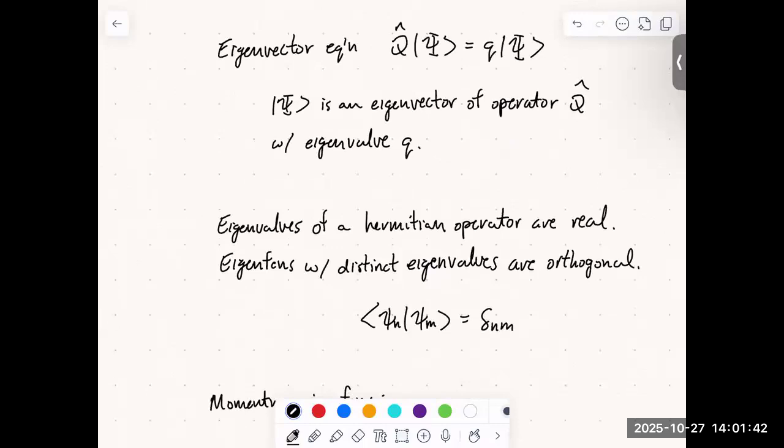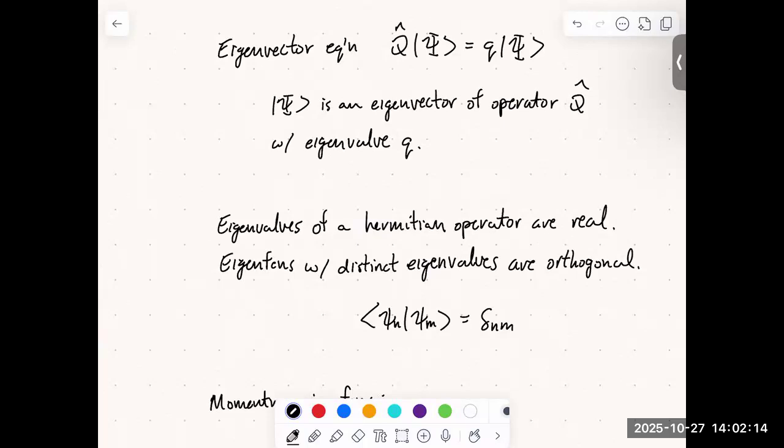Okay, so the things that we were talking about were this eigenvector equation where we imagine some operator acting on some quantum state, psi. If it returns a number multiplied by that same state again, that's our eigenvalue equation, where psi would be called an eigenvector of operator q hat, and it has eigenvalue q.